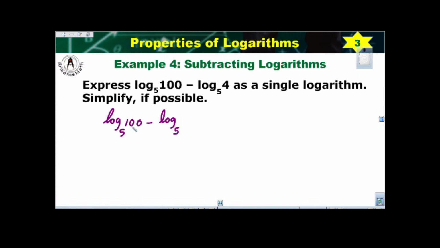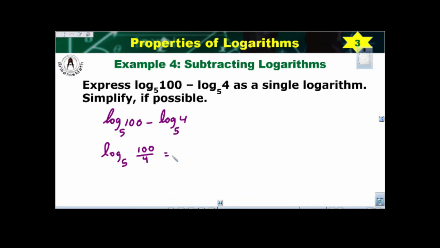This is not the same as 5 next to the 100. Be very neat in your writing in this chapter. And I know that I could go from here to division. Log base 5 of 100 divided by 4.